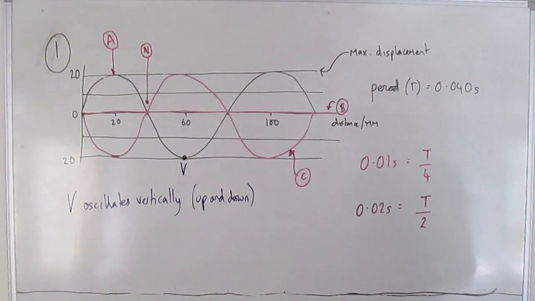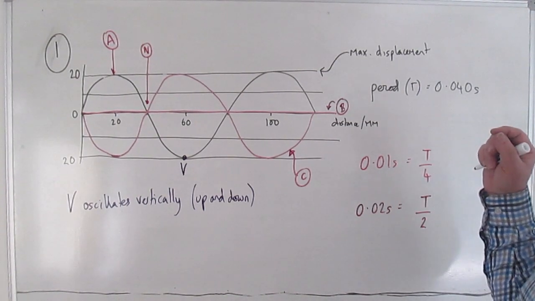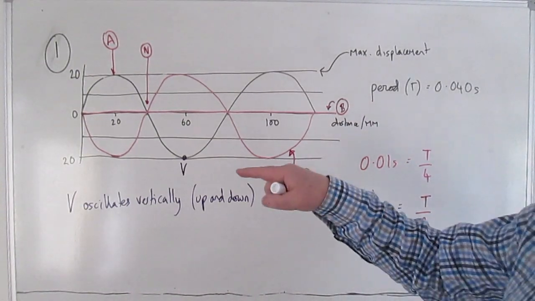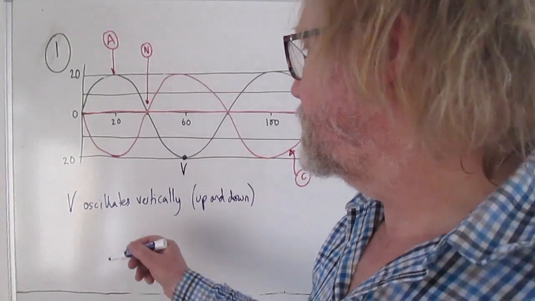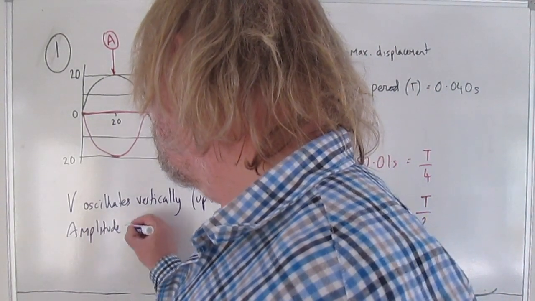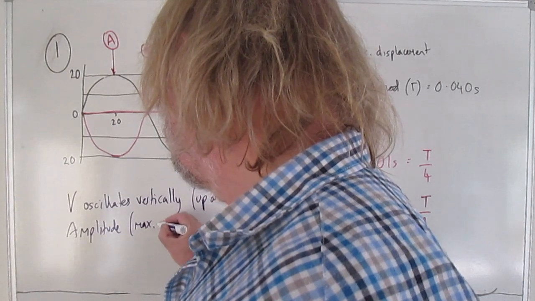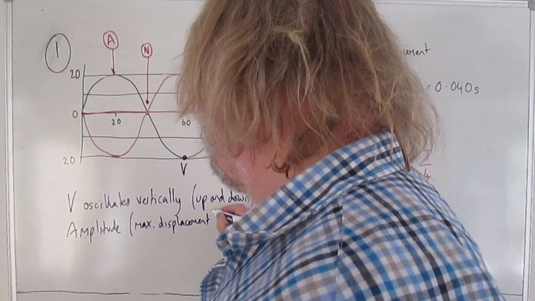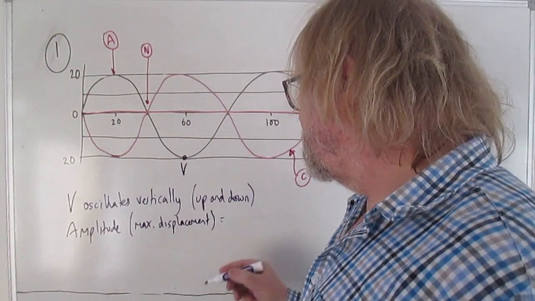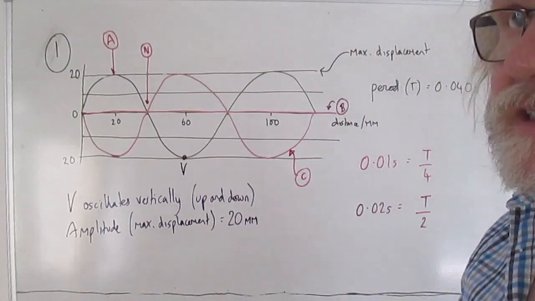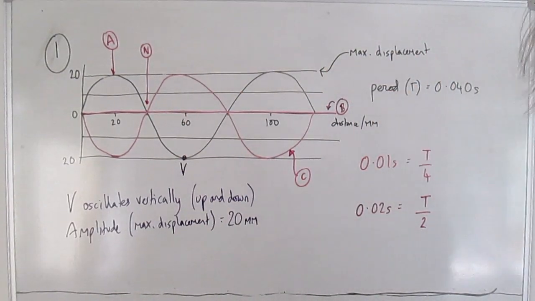And its amplitude is the maximum displacement it achieves from the 0 line. And that's obviously 20 millimeters, because we're told that it's at its greatest displacement in the original curve that was drawn.